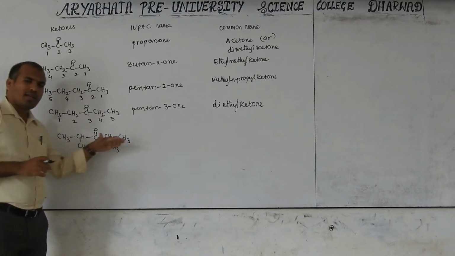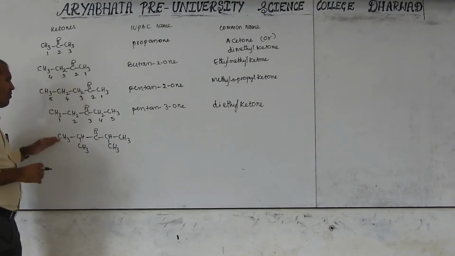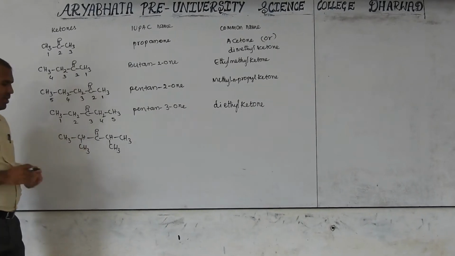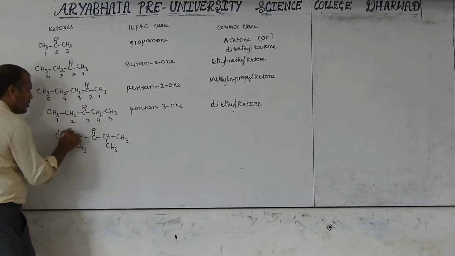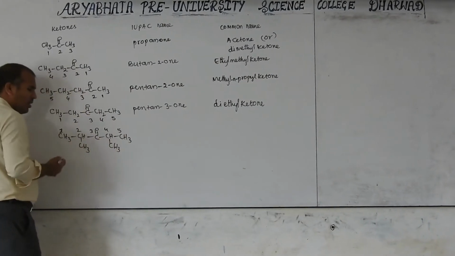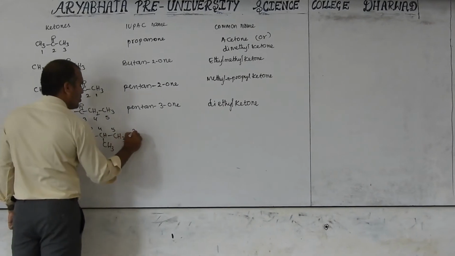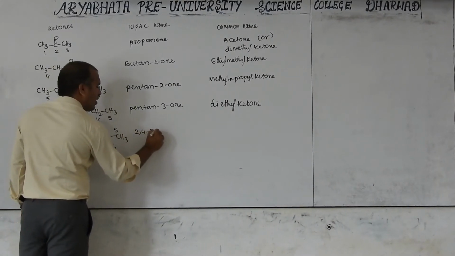Now choose the longest carbon chain and give the least number to the ketone. Left to right or right to left, the same number will come. That's why 1, 2, 3, 4, 5. At the second position and fourth position we have a methyl. That is called 2,4-dimethyl.